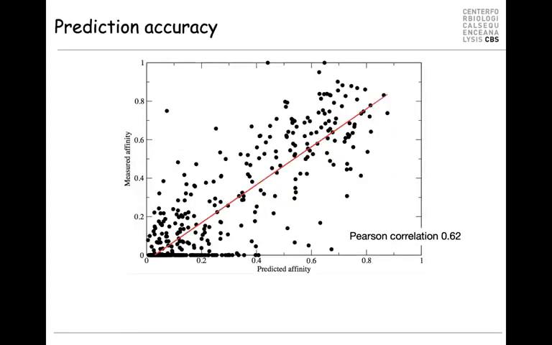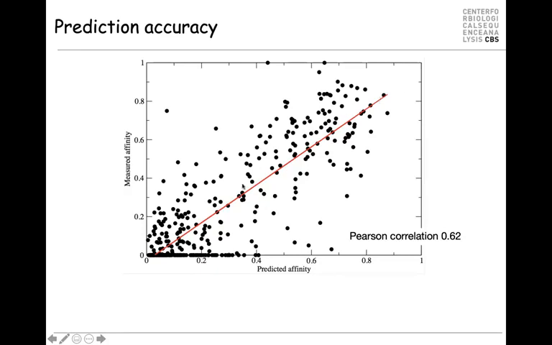So we can make a prediction using our matrix by summing up the scores of each amino acid in the matrix as I described before, and then we can see how well the prediction score aligns with what was measured in the wet lab.